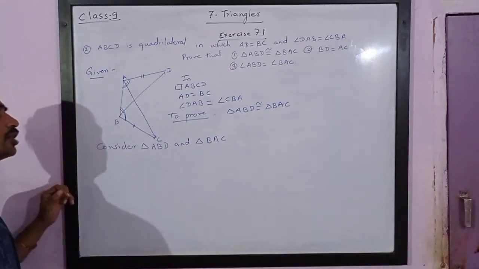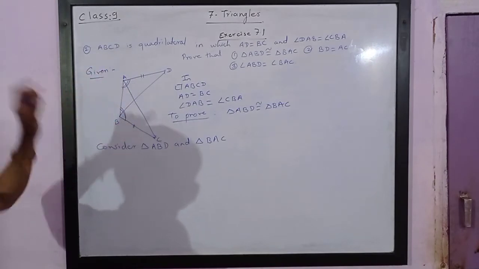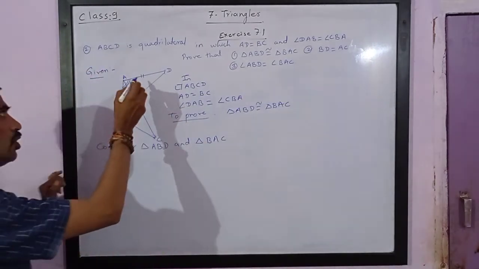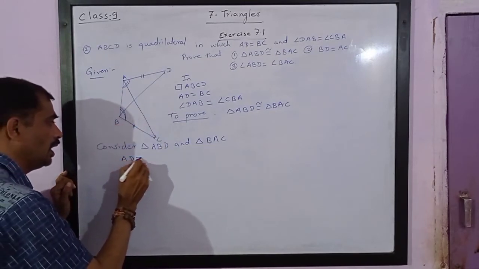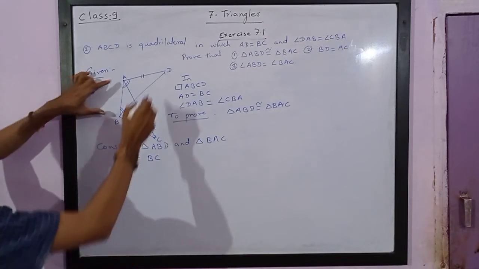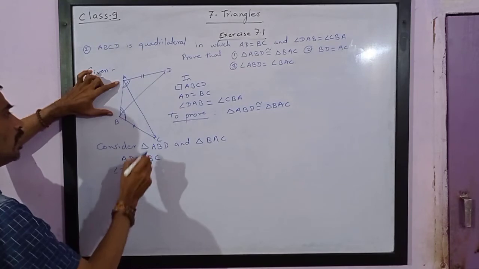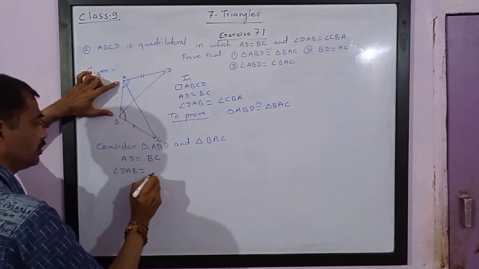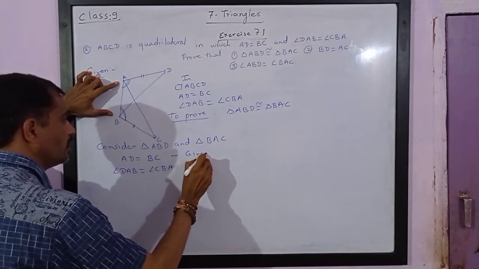So look at these two triangles, ABD and BAC. Now in these triangles, you will notice that AD is equal to BC. This is given to us. Then we are also given angle DAB is equal to angle CBA. These two are already given in the question.